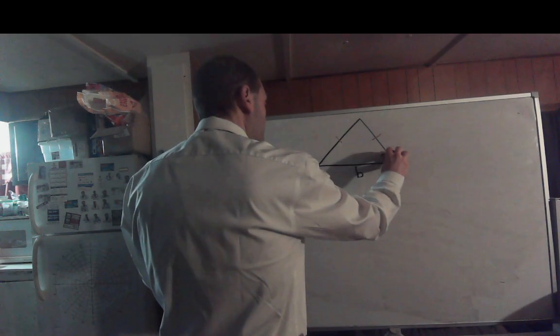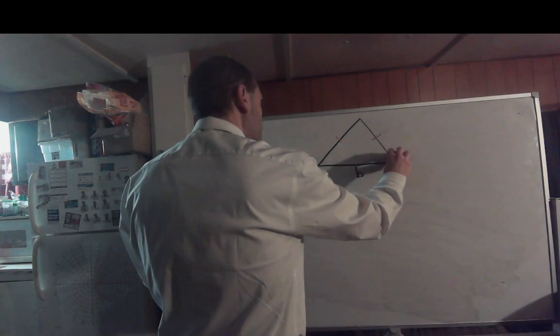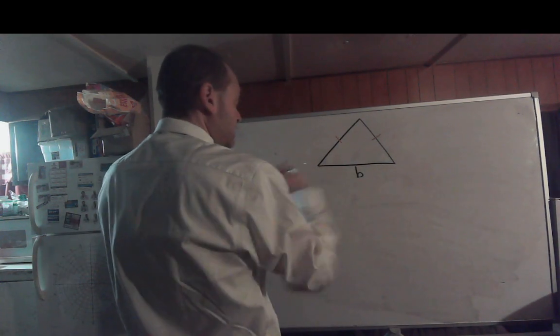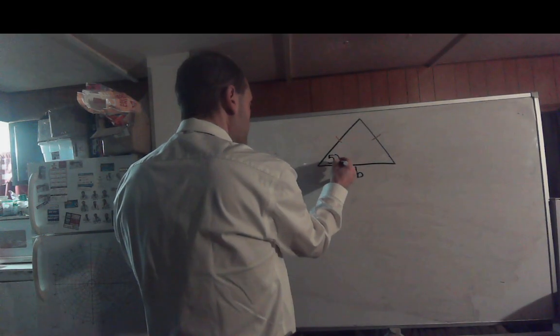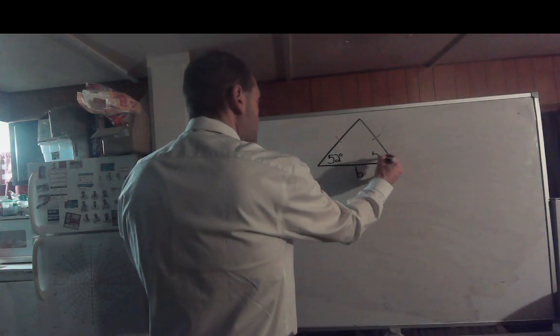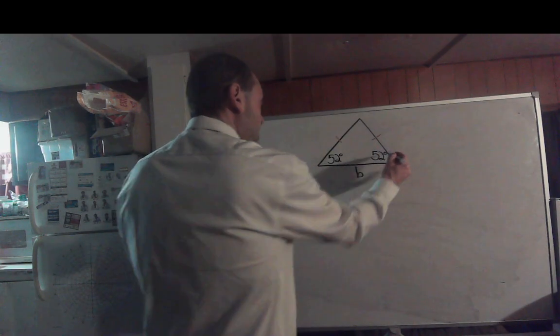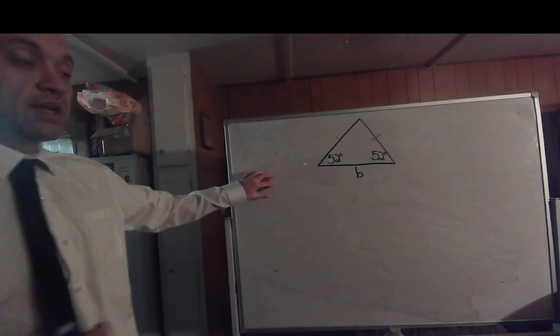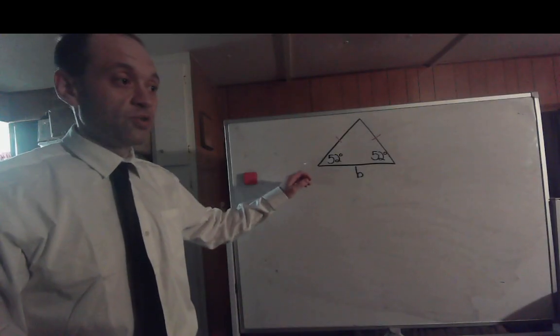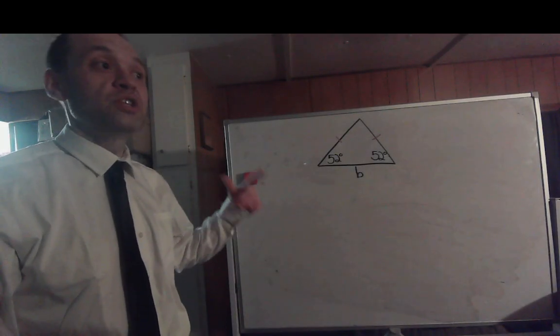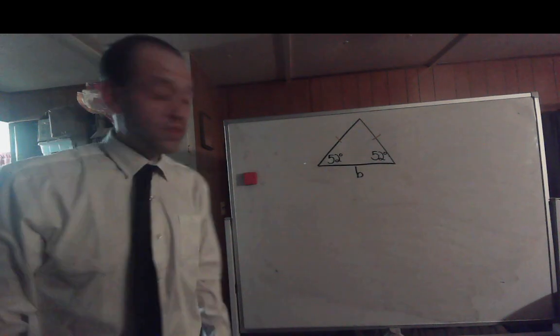And since these are isosceles triangles, and these 2 sides are congruent, that means these 2 angles will be congruent. If we remember from geometry, in an isosceles triangle, the 2 angles opposite the 2 congruent sides are also congruent to each other. There's that theorem.